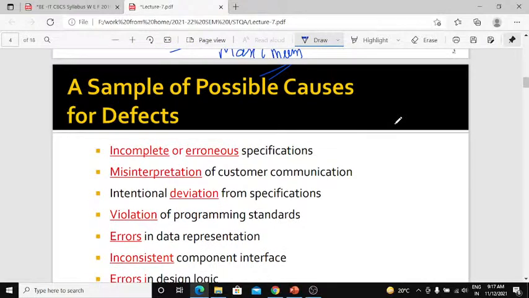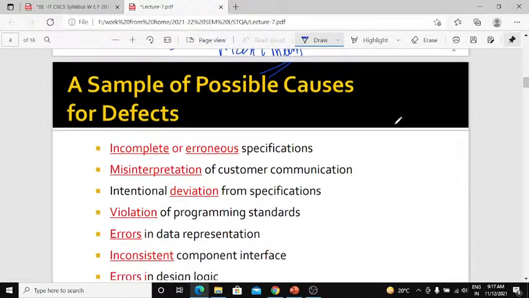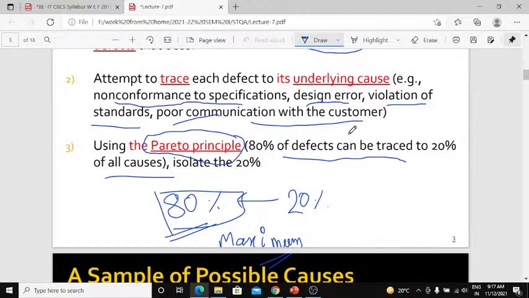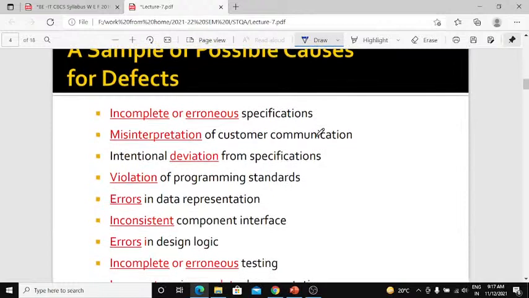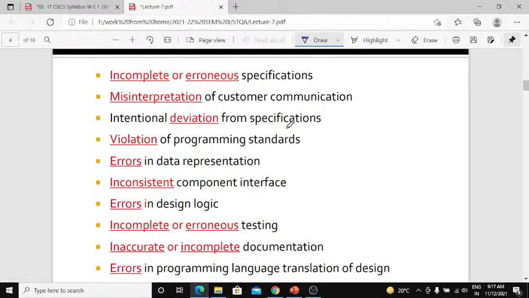Here is a sample of all the possible causes for defects, meaning how defects occur. Defects occur for many reasons, like incomplete customer specification, or an error in the customer specification. There is also misinterpretation of customer communication, that is, of understanding the requirements.